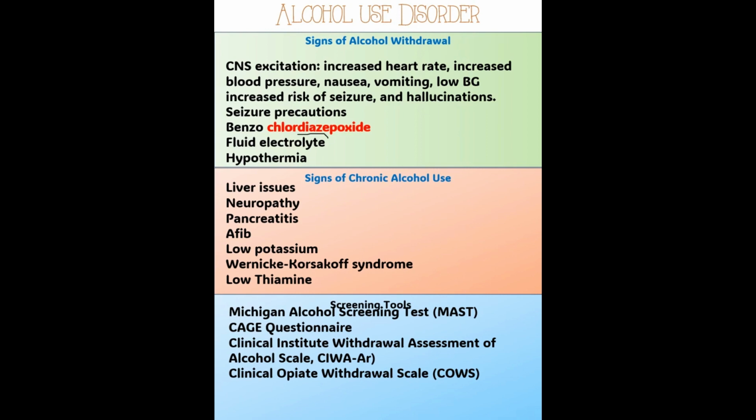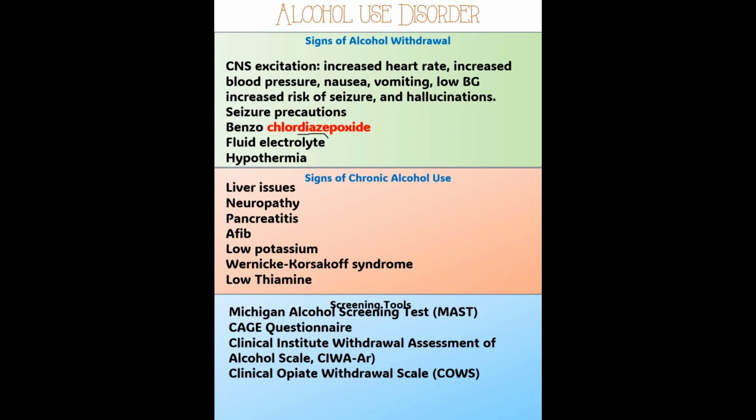And then the big ones are going to be alcohol, CIWA, Clinical Institute Withdrawal Assessment of Alcohol. This is going to be watching for those signs of alcohol withdrawal to know if we need to give a dose of a benzo or not. So you'll kind of see that, and it tells you what your scoring is and what to do.